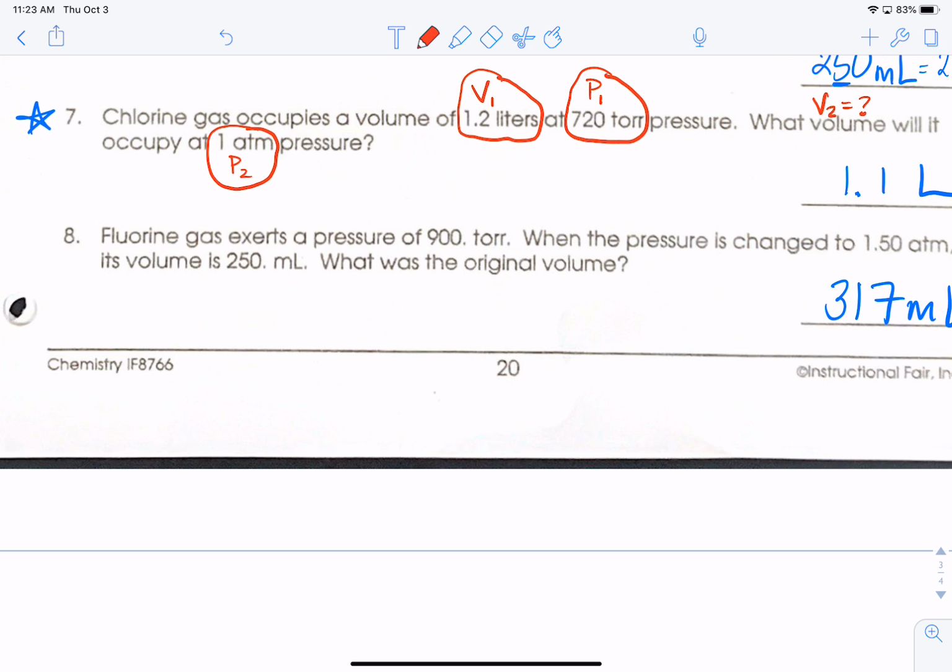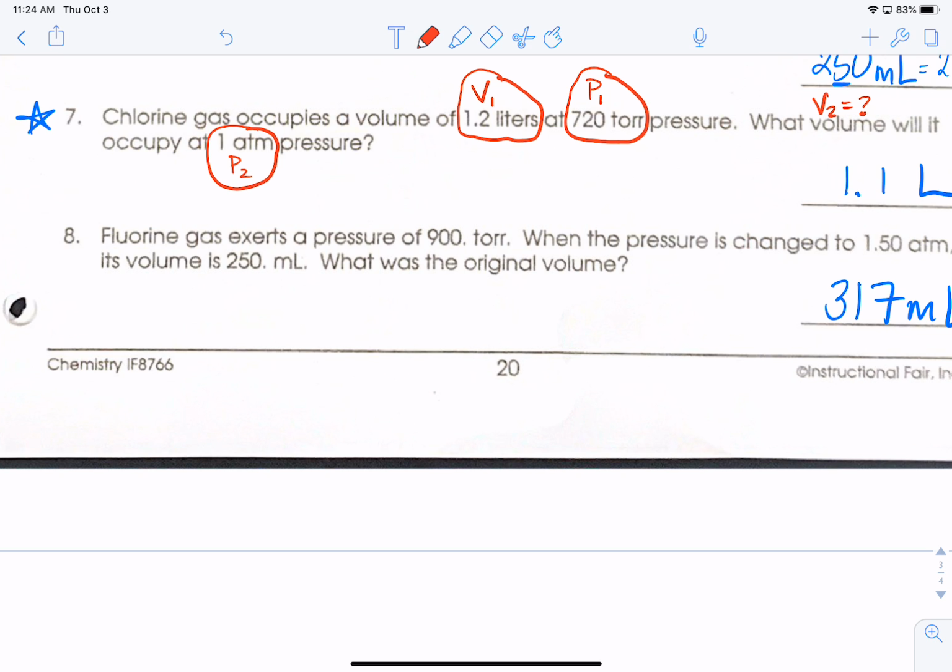So let's go ahead and convert one of them. Now I showed you guys standard pressure. This one doesn't have standard pressure. Hold on, let's find a better one. This is a good one too. 1 atm is the same thing as, oh wait, hold on, that one isn't good. We need one with torr, right?